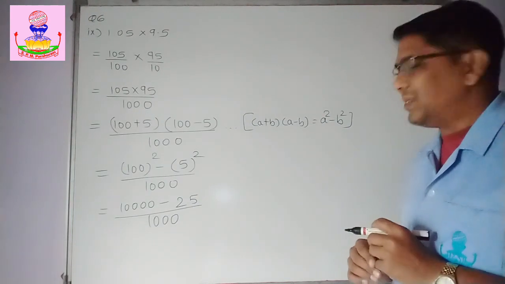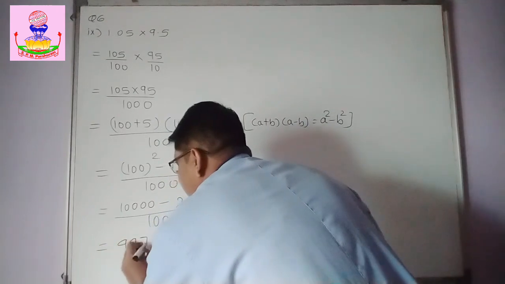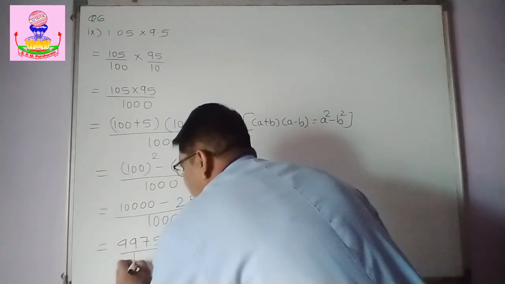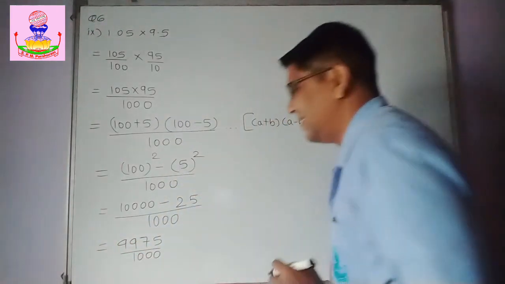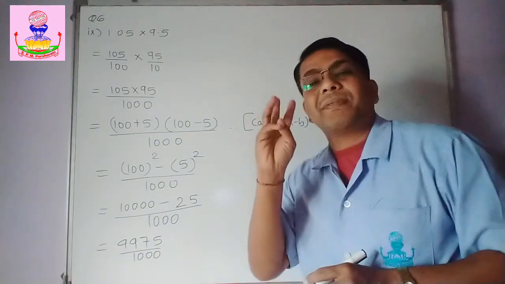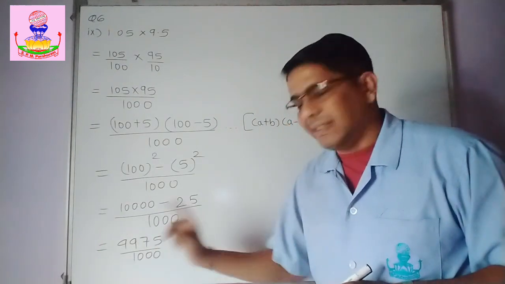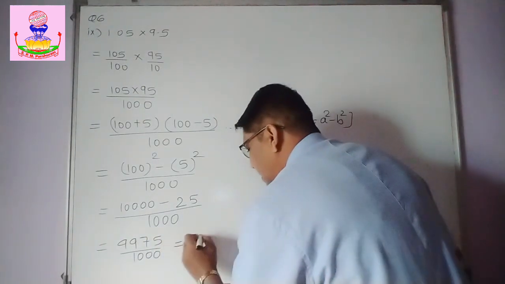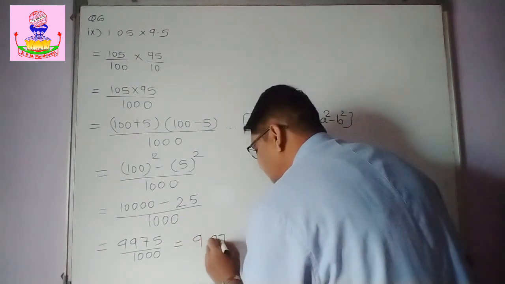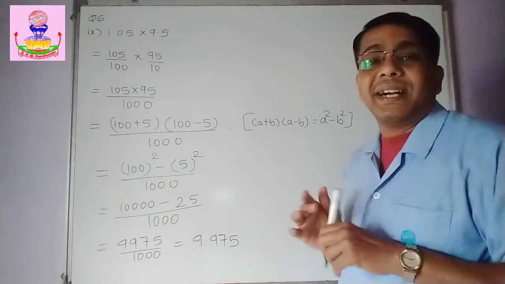Now 10,000 minus 25 is 9,975 upon 1000. So now you can put the decimal point after 3 digits, from the right hand side towards the left hand side. 1, 2, 3. So that will be 9.975. That is the answer.